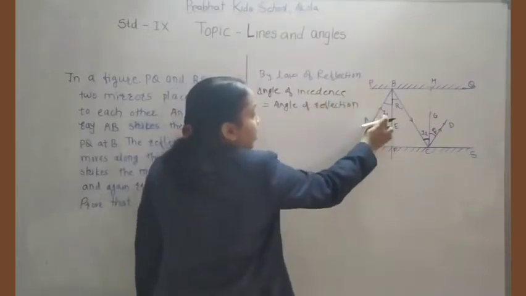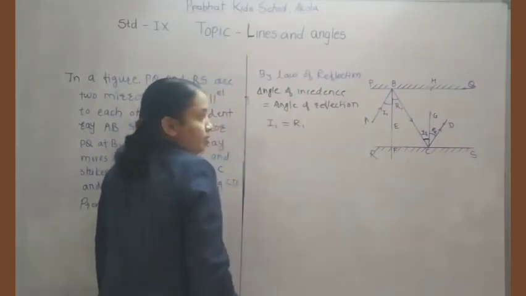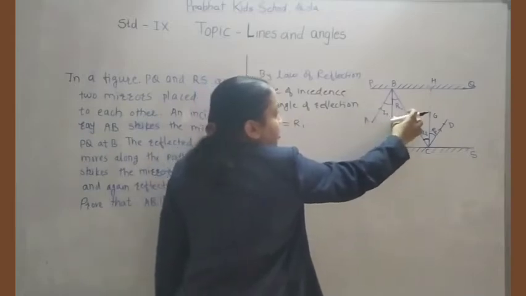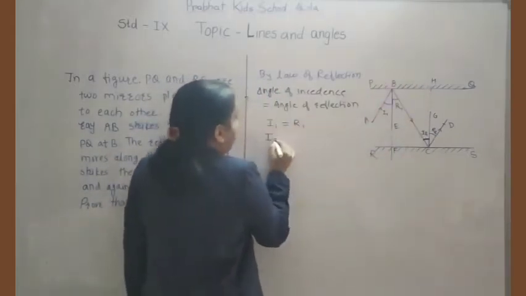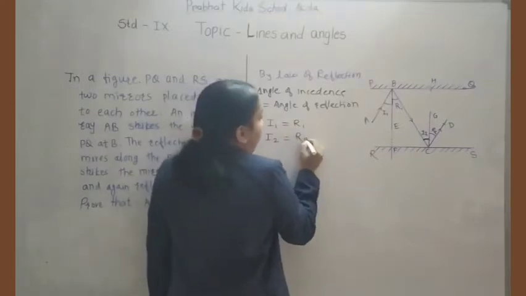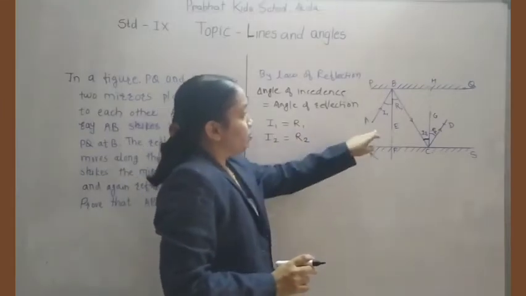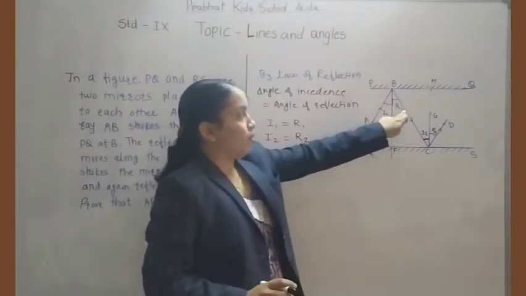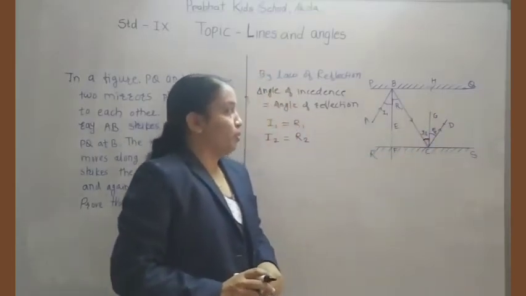Therefore I1 is equal to R1. This is the angle of incidence and this is the angle of reflection. Similarly, I2 is equal to R2 by the law of reflection. Now we want to prove that I1 plus R1 is equal to I2 plus R2, that we have to prove.